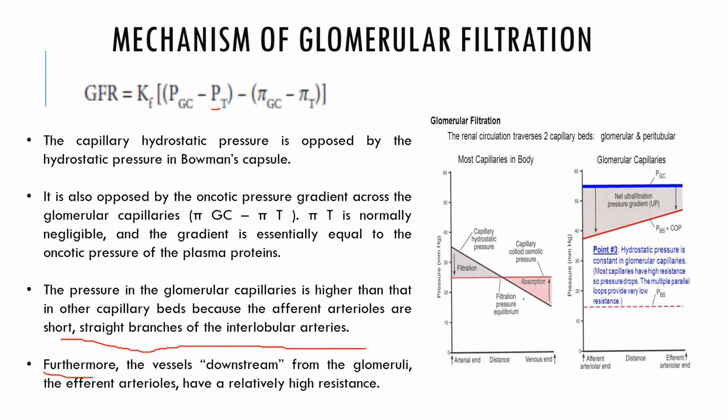Now, what are those features? Glomerular filtration takes place throughout the entire stretch of the glomerular capillary. This is the direction of filtration. So filtration is happening along the entire length of the glomerular capillary, unlike other capillary beds, where at the proximal, arterial end the direction of force is in this direction, that is, filtration is happening.